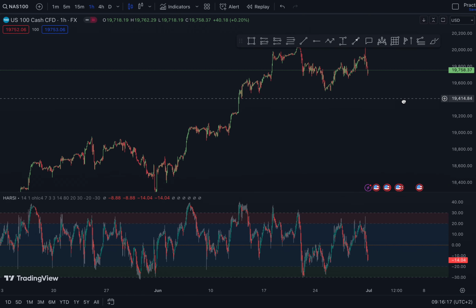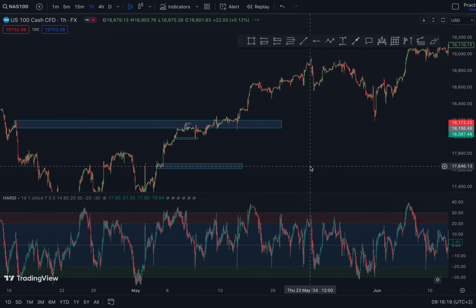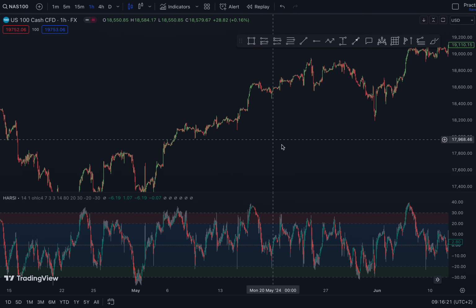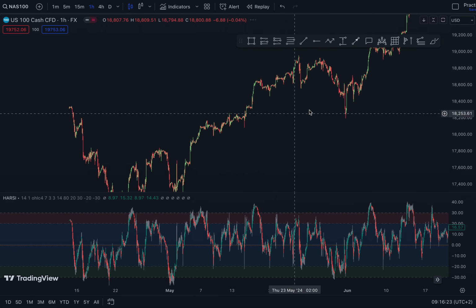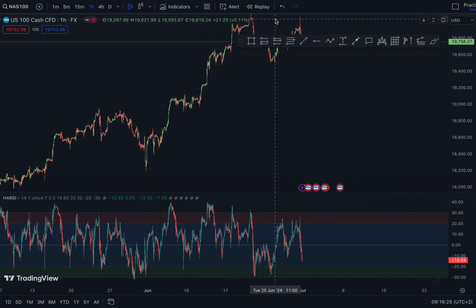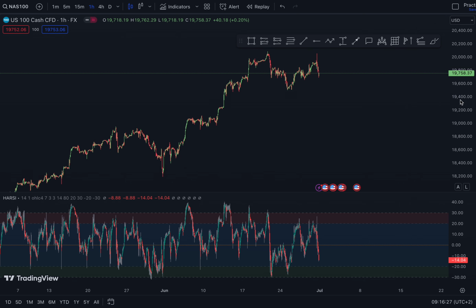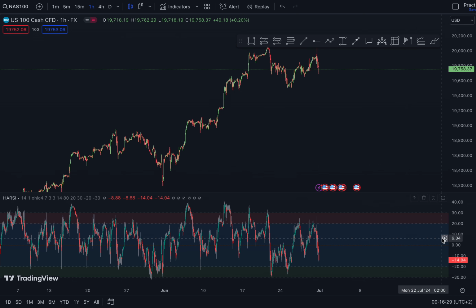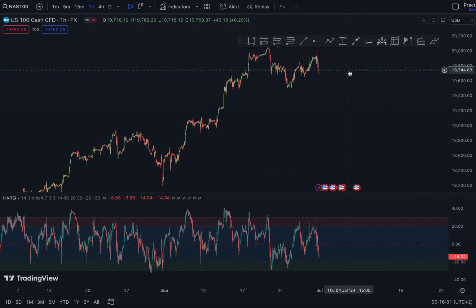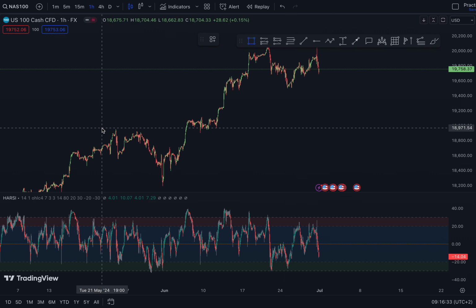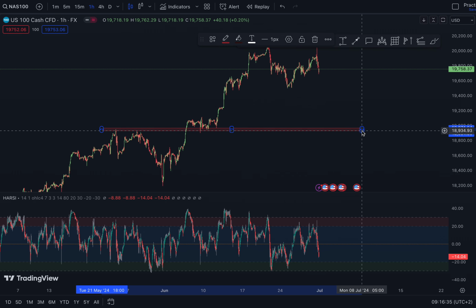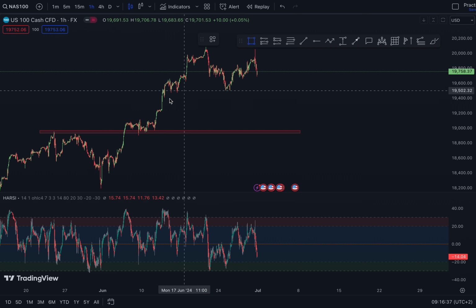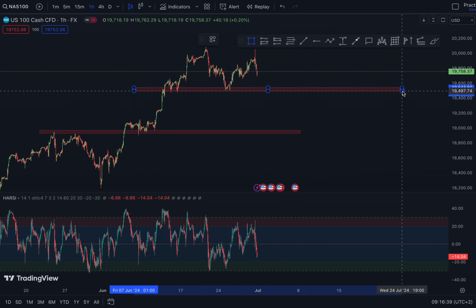It is a very simple strategy for you guys. Now what you're gonna do is draw on your charts. It's a very simple two-step strategy. You're gonna draw your support and resistance levels as such here as well.